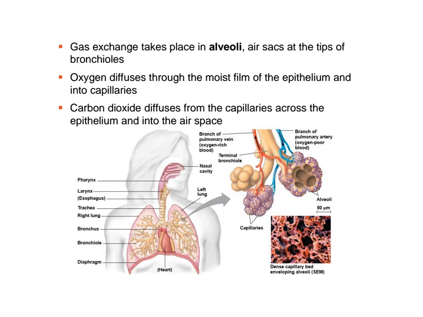Okay, the actual gas exchange will take place exclusively at the alveoli. These are air sacs at the tips of the bronchioles. Oxygen diffuses within each alveolus. There's a moist film on top of the epithelial layer of these alveoli.